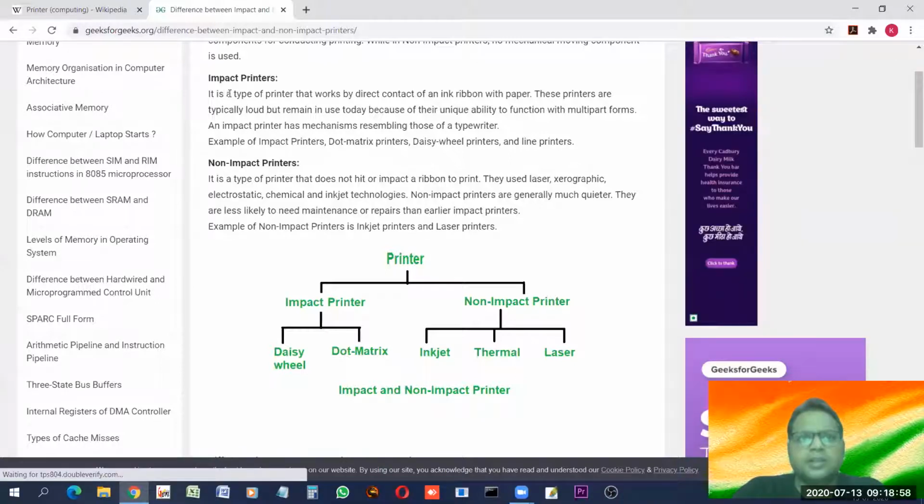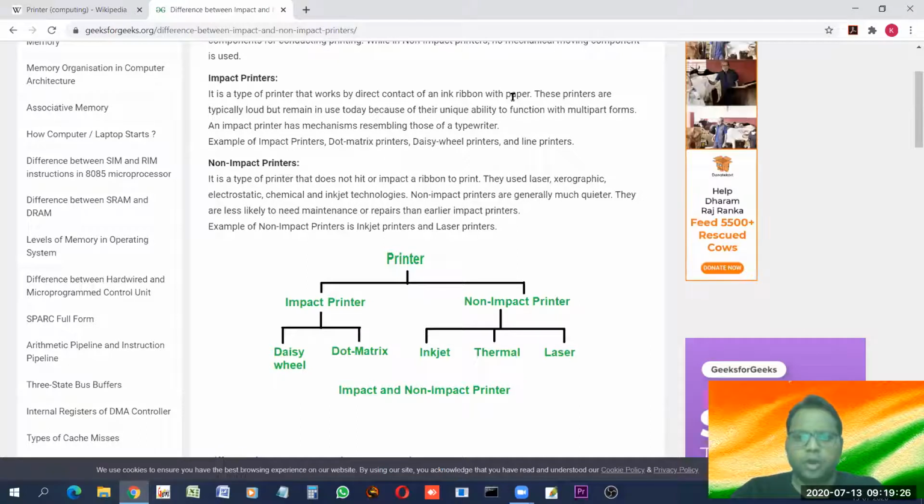An impact printer is a type of printer that works by direct contact of an ink ribbon with paper. You might have seen a typewriter where an inked ribbon is there and we type something and the character strikes the ribbon and the ink gets transferred to the paper, forming an image.